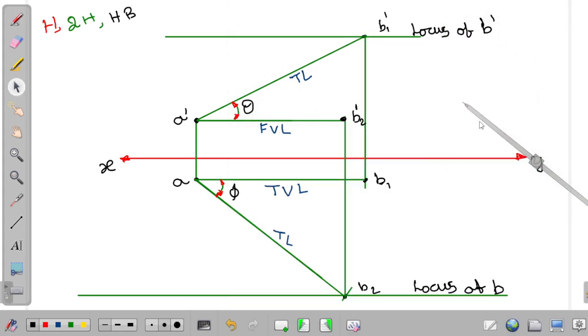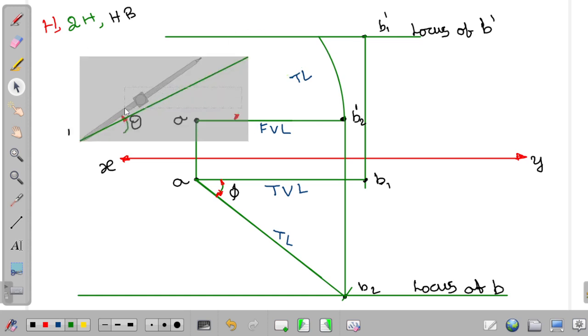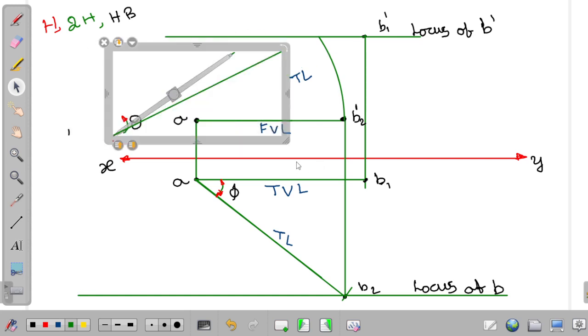The length should be A dash to B2 dash, but it should not be anywhere; it should always be at the height of B dash.